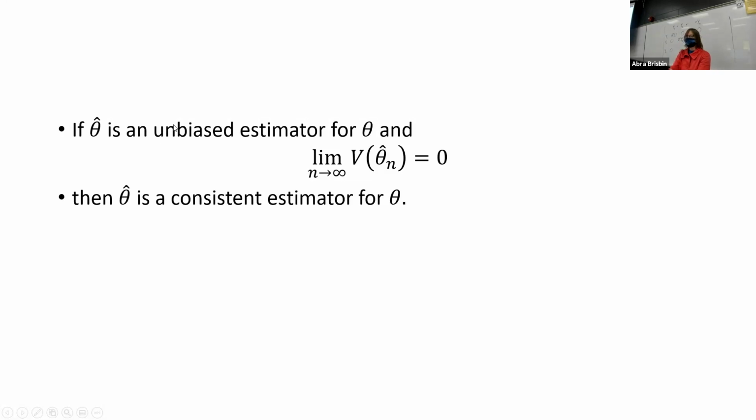And this is only a way to prove that theta hat is consistent if the limit of the variance is 0. If the limit of the variance is something else, then technically this theorem doesn't apply. Other questions about this?